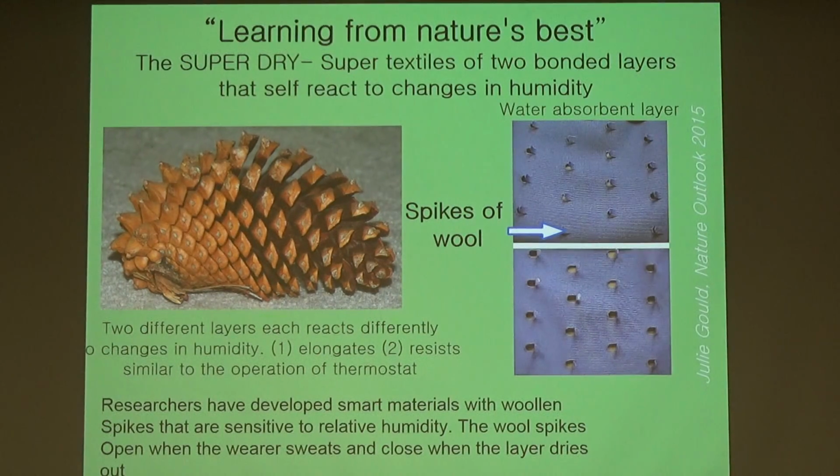There's another one. This is the super dry example. So there's an example in nature, based on the pine cone, where people are looking, particularly in this example in textiles, to copy the mechanism of the pine cone, how it opens out and closes depending on the humidity of the environment.